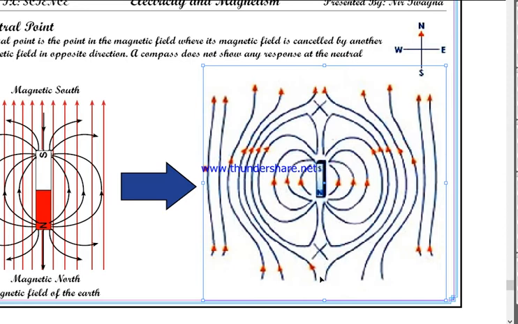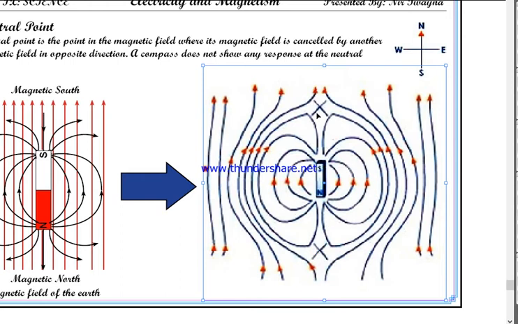If you move below this point, you are under the influence of earth. But exactly at this point, you are neither under the influence of earth nor the magnet. Or at the same time, you can say you are under the influence of both magnet and earth. So your compass will not show any direction at this point. So this is the neutral point.